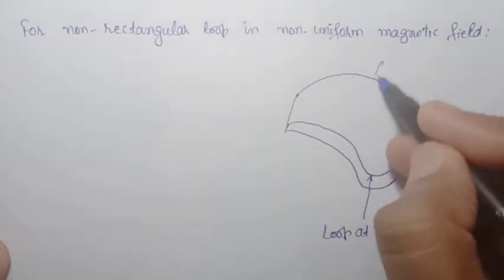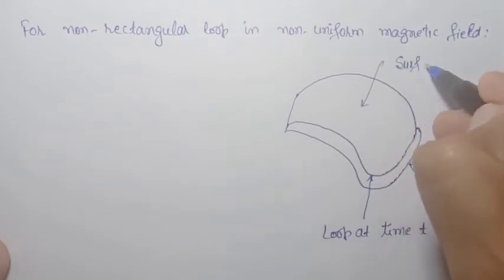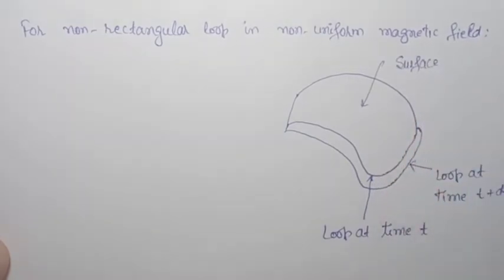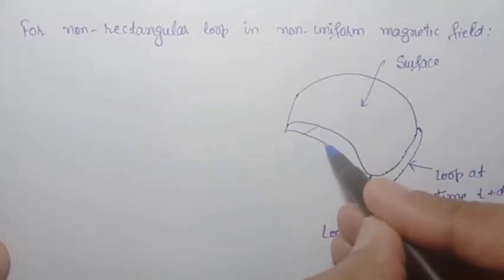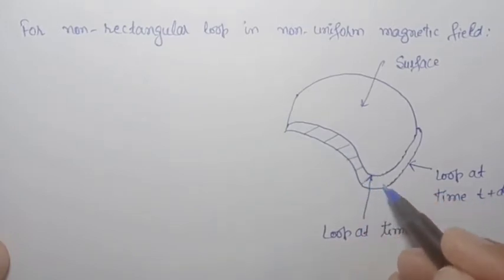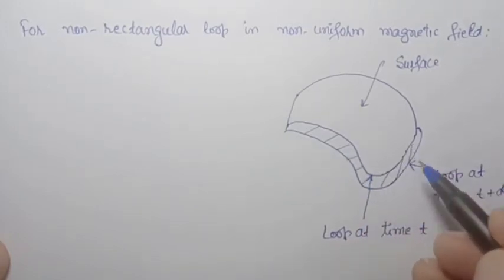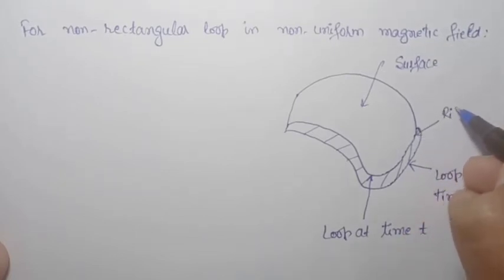So here this portion is the surface, and this portion is a ribbon like structure, that is, this is a ribbon.